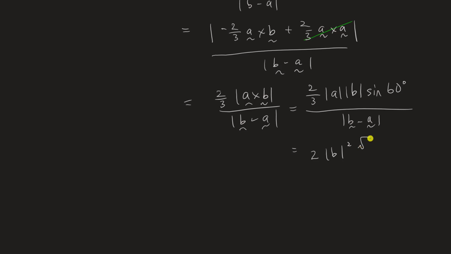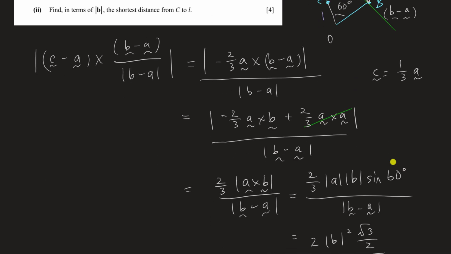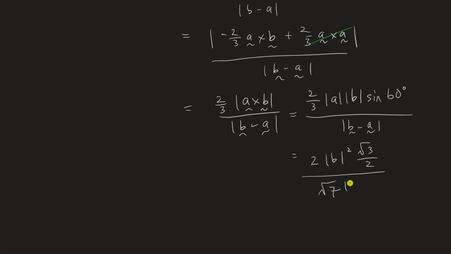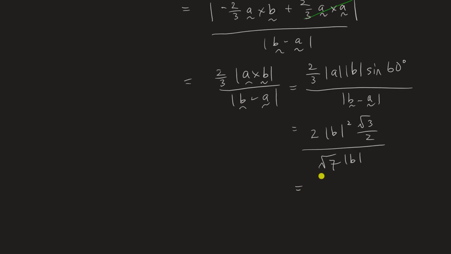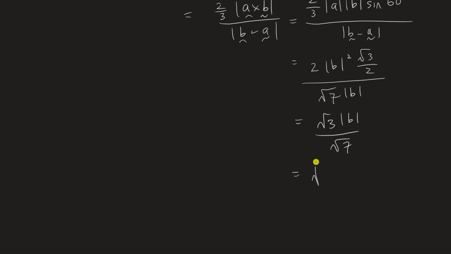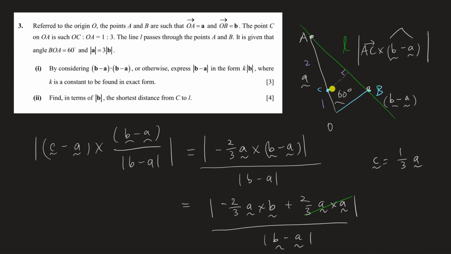Sine 60 is root 3 over 2, divided by B minus A, which, as previously we found, is root 7 mod B. Clean this up, we will get root 3 mod B over root 7. Rewrite this as root 3 over 7 mod B. And there we go. That's our answer. That's the height of projection, the shortest distance from C to the green line.